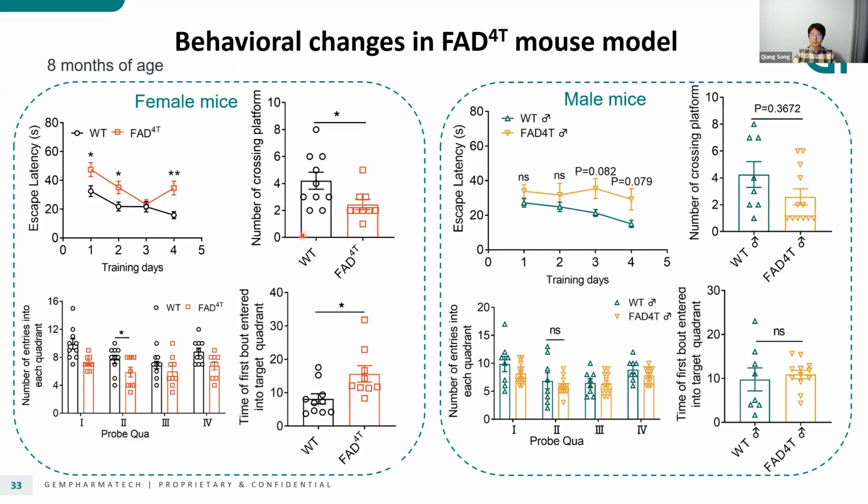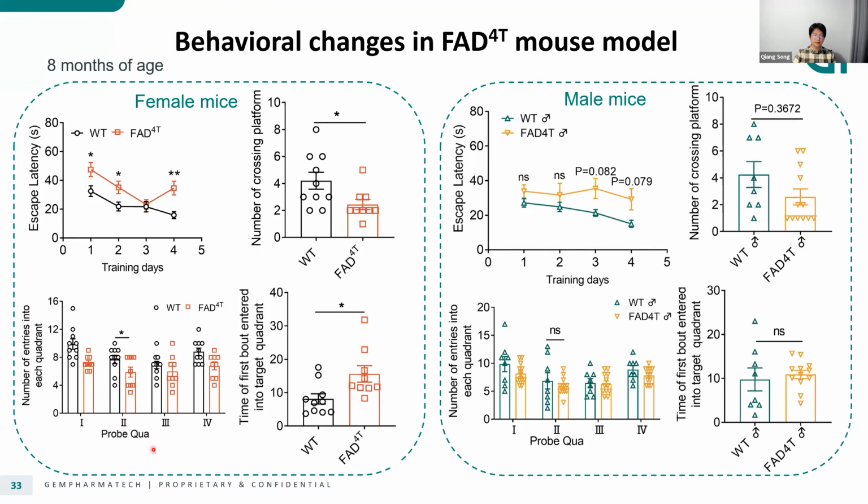And we also analyzed 3 different parameters in the probe test phase. And from the data, we found that the number of crossing the platform and the number of entries to the target quadrant and the time is decreased.